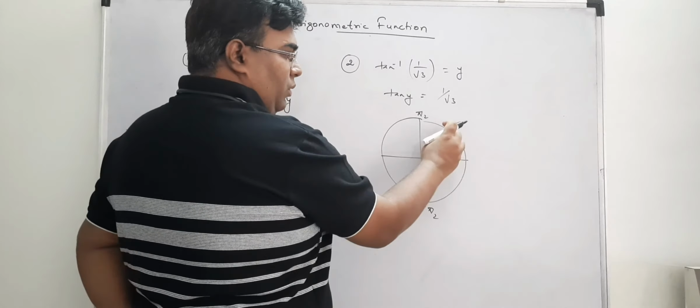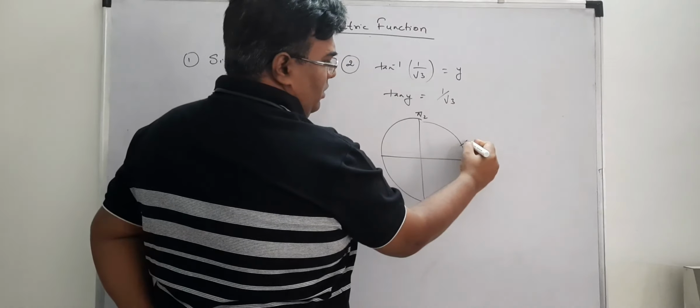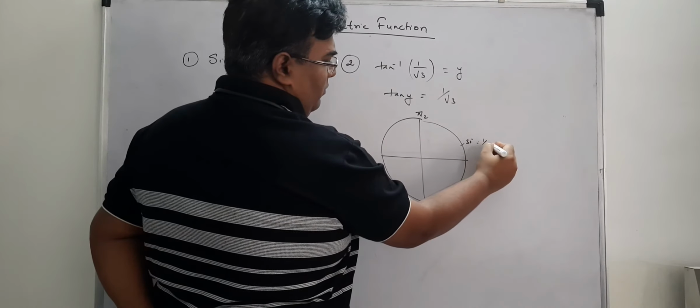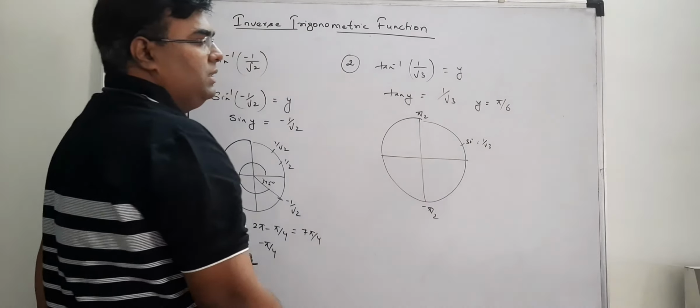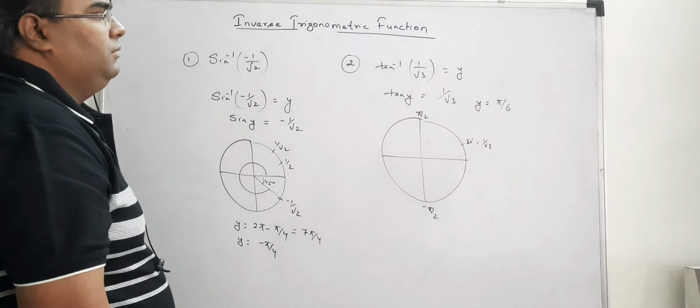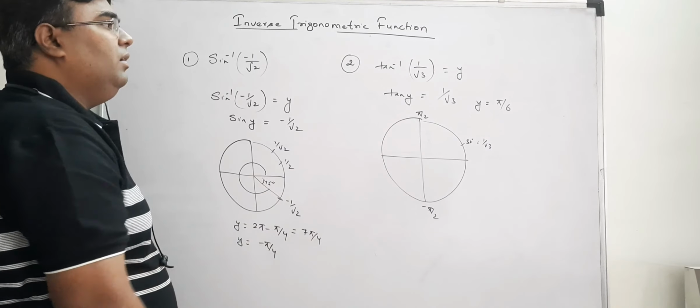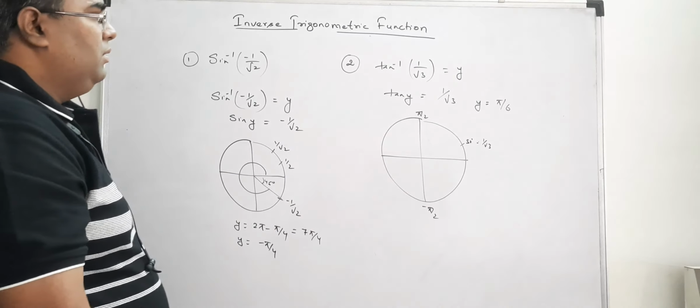So for 1 by root 3 only this area, which is 30 degrees. So y is equal to pi by 6. So this way we can find the principal values of different functions.